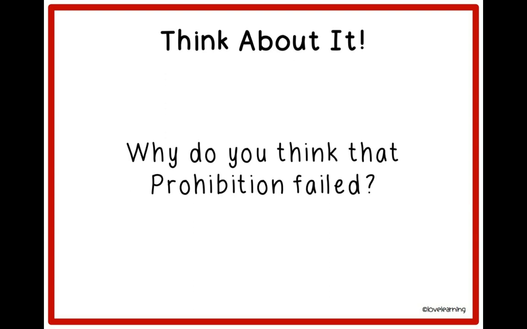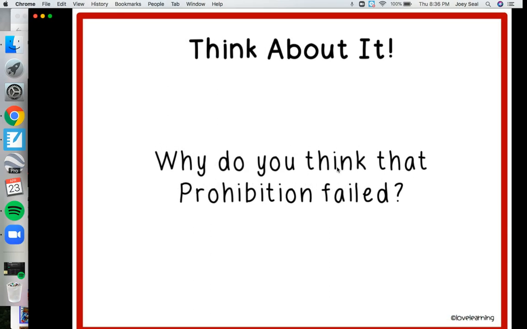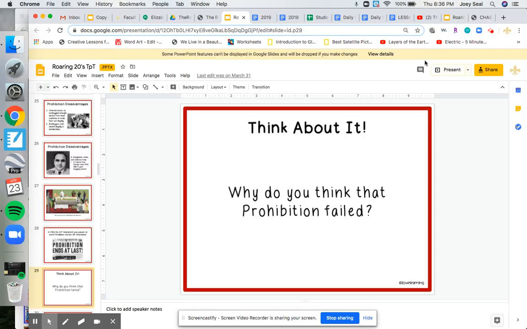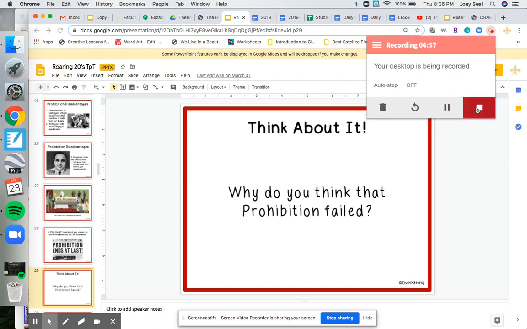Think about those effects, put it all together, and come up with your opinion on why you think that prohibition failed during this time. That'll be a discussion question, and I'm looking forward to seeing your answers. So, very short lesson today about prohibition, but that's a very important part of the Roaring Twenties.